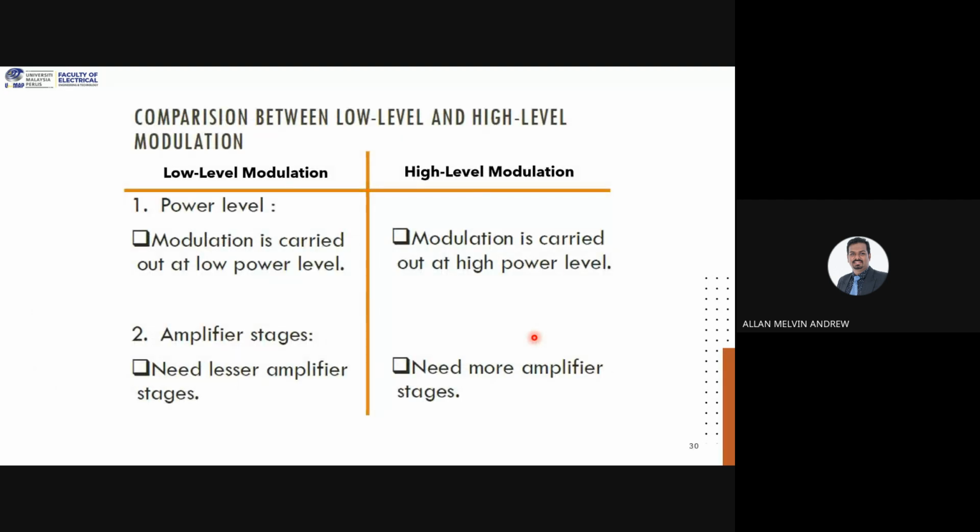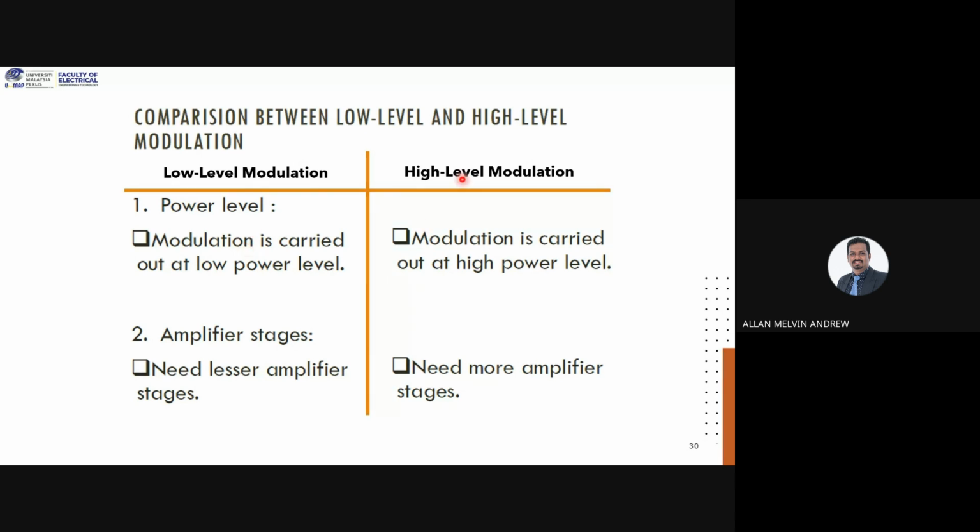Okay, so the comparison between low level and high level modulation. You can see we have around 5 points for us to discuss. First, in terms of power level, modulation is carried out at a low power level for low level modulation. So if your application requires low level modulation, then you can consider it.